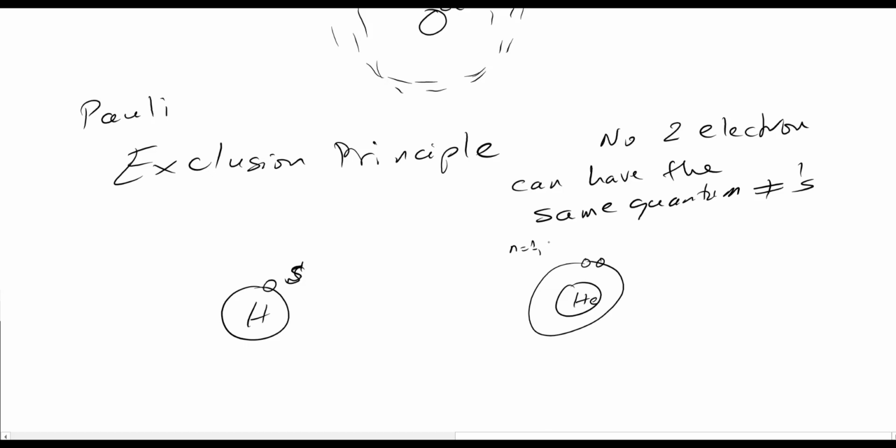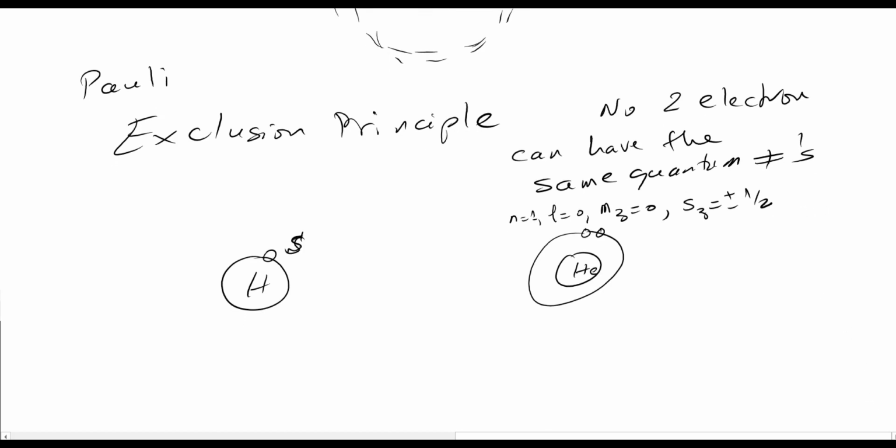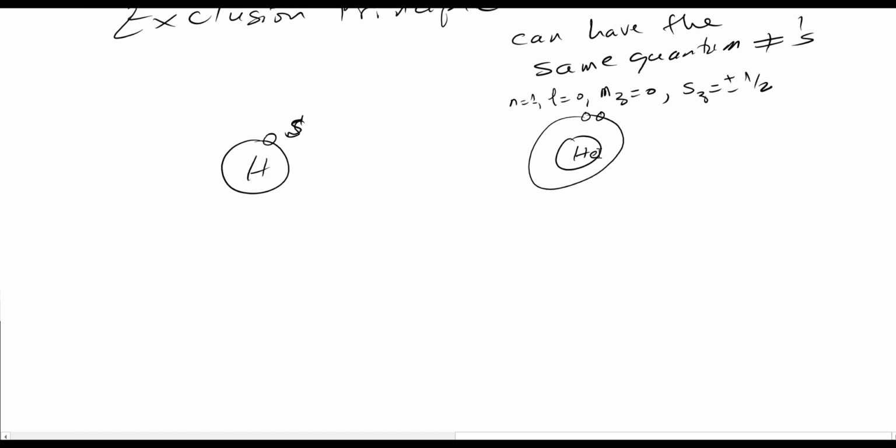Now both of them have l equal to 0 and m_l equal to 0. But in this case, one of them will end up with an s_z that is plus 1/2 of h bar for the moment, for the spin, and the other one minus. So in this case, we are fully saturated. There is no problem with it.